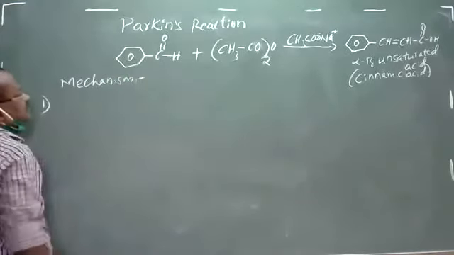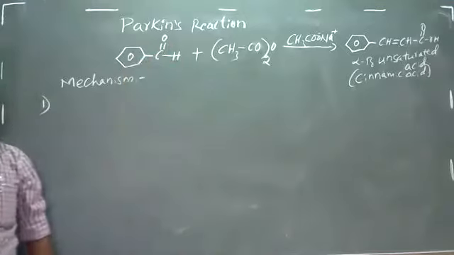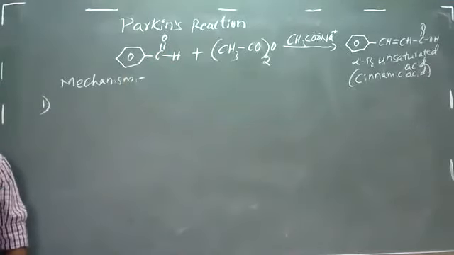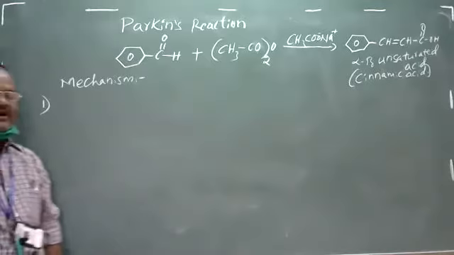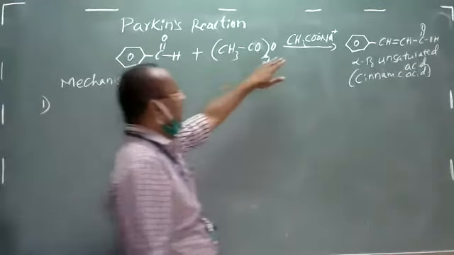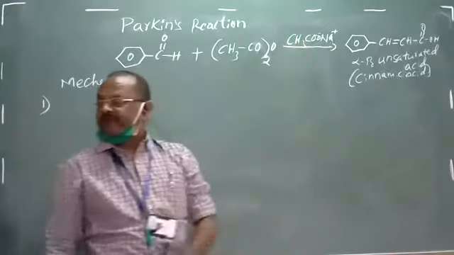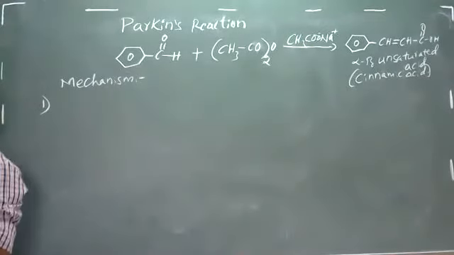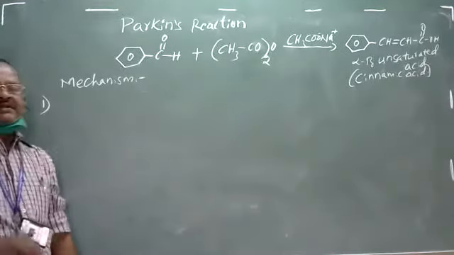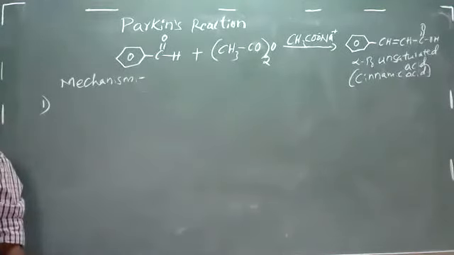In step 1, the acetic anhydride that we are using is forming a nucleophile. But before that, I want to tell you that the sodium acetate you are using splits up into Na plus and CH3COO minus, that is acetate ion, carboxylate ion.